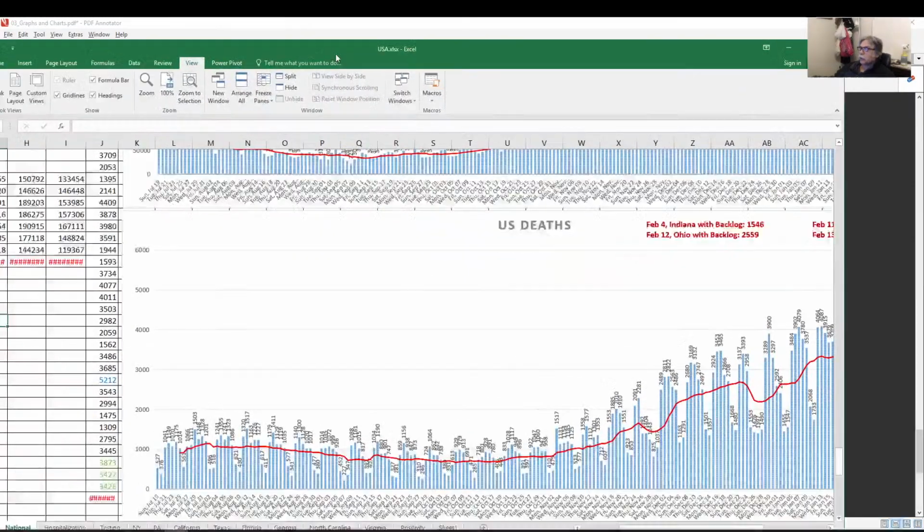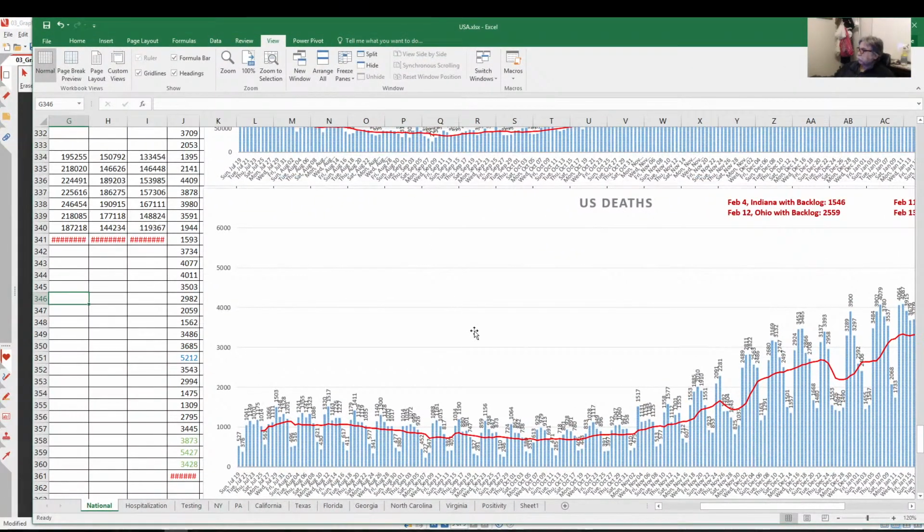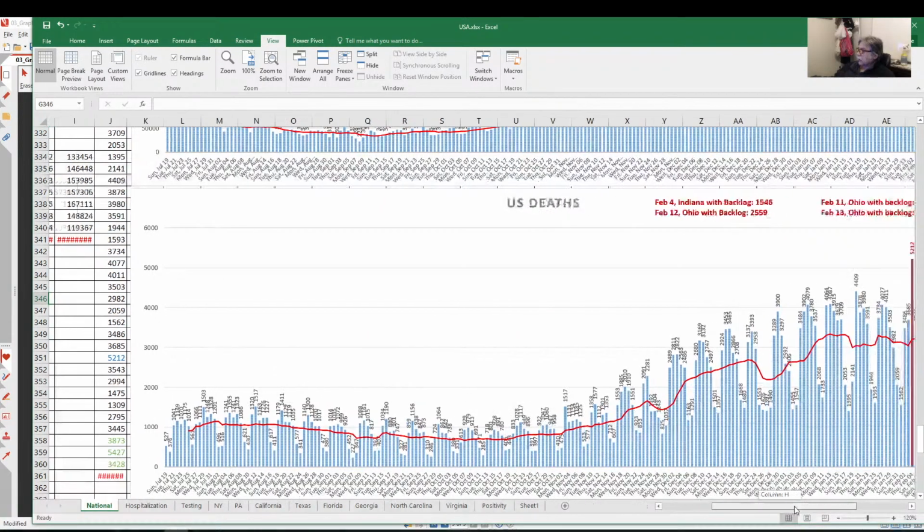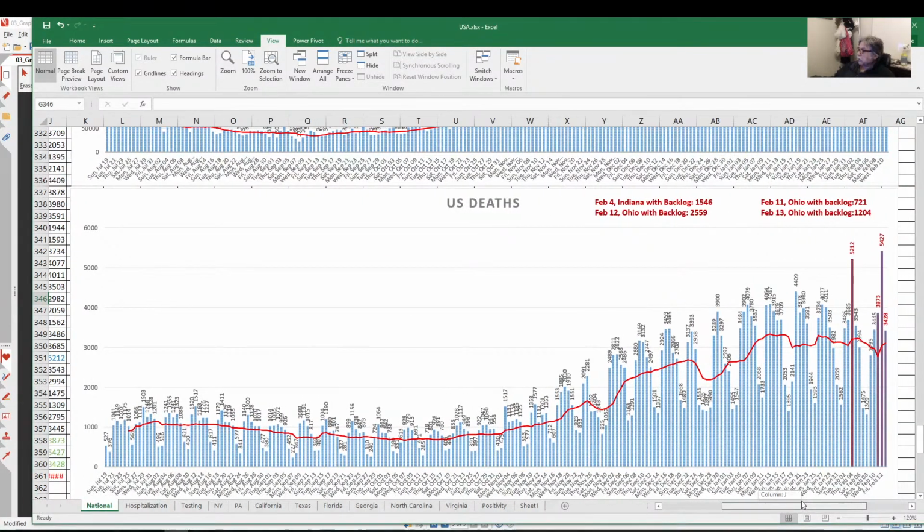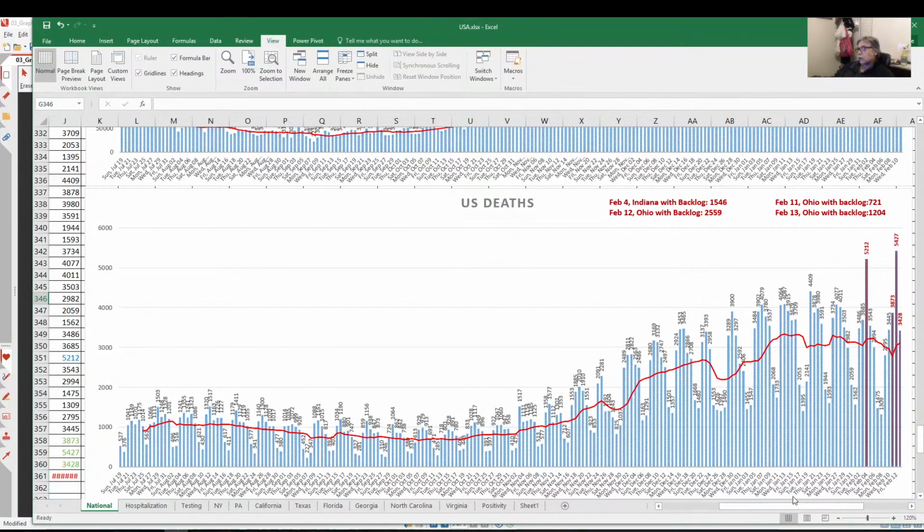So here is an example. We are presenting a graphical presentation of the data of deaths in the United States from COVID-19 from July of 2020 till the mid-February 2021.